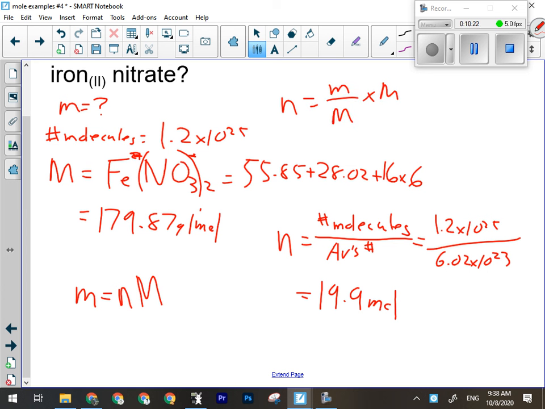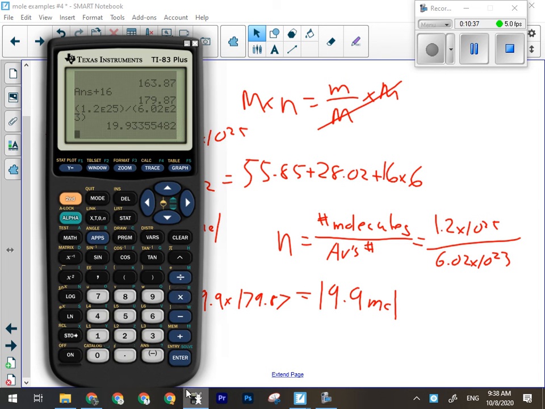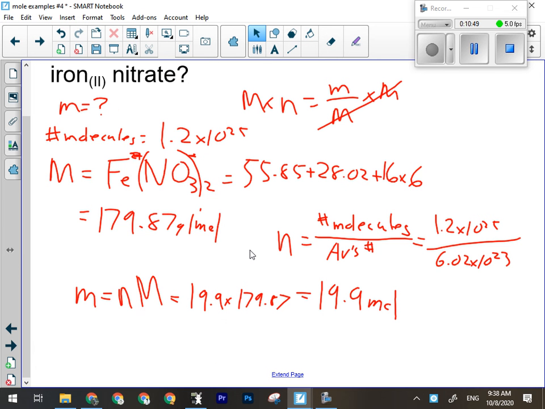Multiply both sides by big M. Okay, and so that will give us our 19.9 times our 179.87 with 6 oxygens, not 5. Okay, so we're looking at 3,585.45 grams.